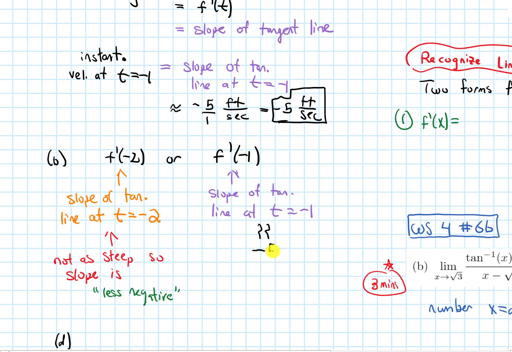It was approximately -5. Because this other tangent line at -2 is not as steep, it's going to be less negative. It's maybe going to be something like -3 or -2, to indicate it is not as steep. So as a number, that means f prime of -2 is a bigger number.